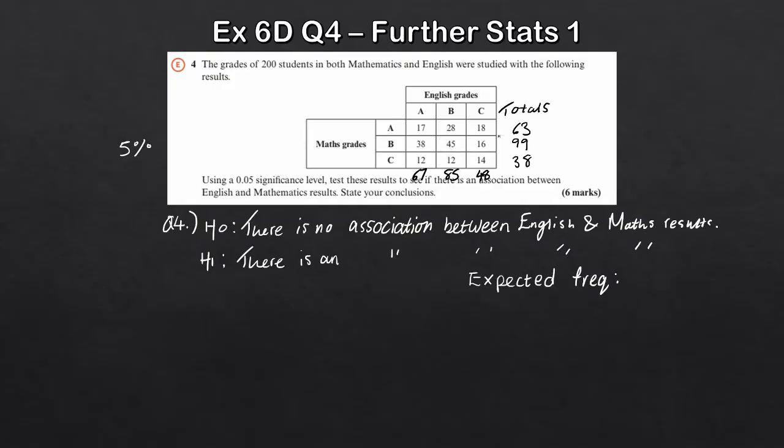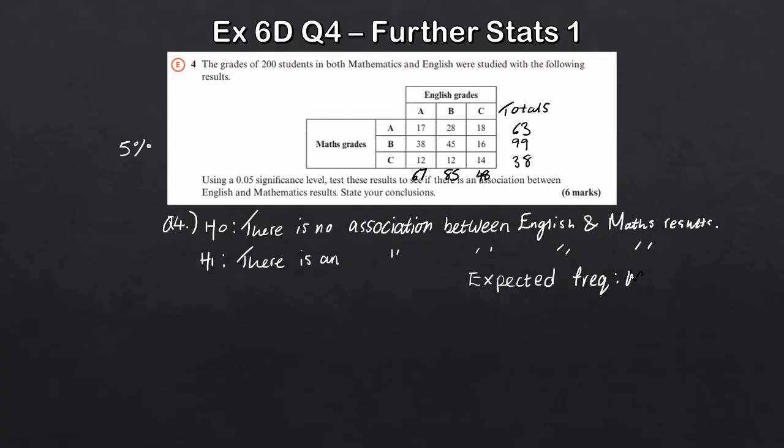Consider like we did before. It's going to be the row total times the column total divided by the grand total, which is 200. So, for example, if I want the expected for Maths A and English A, so that'd be this one here, I'm along this row total.